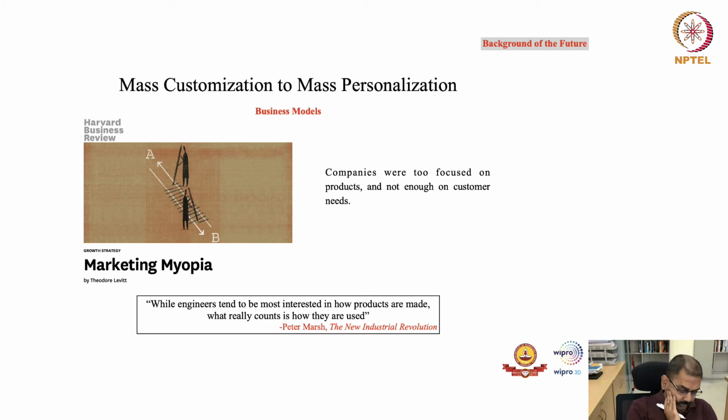And just to extend this argument, this is taken from a recent book by Peter Marsh, The New Industrial Revolution. While engineers tend to be more interested in how products are made, what really counts is how they are used. Right. So I'm just extending this argument by Levitt. In fact, in one of the papers, he mentioned that the companies do not buy drilling machines; they buy holes, right?